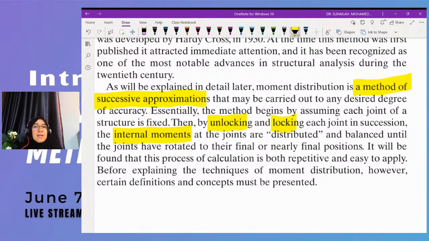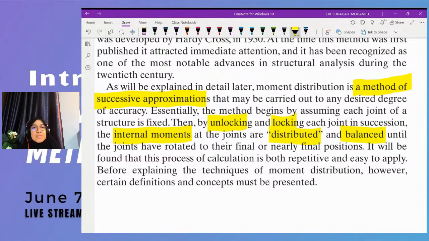We calculate the internal moment at the joint, and we have to distribute the moment, and after that we have to balance the moment.